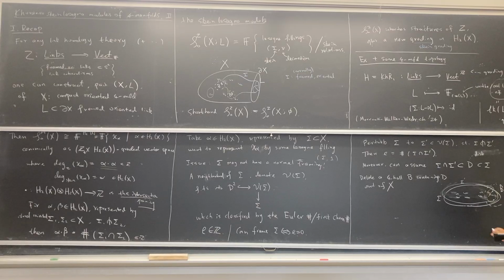After I delete this four-ball, everything outside just looks very nice, like this. So this is sigma outside the four-ball. This is sigma prime outside the four-ball, and very importantly, they have no intersection.